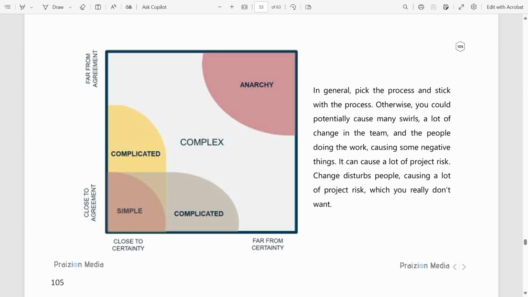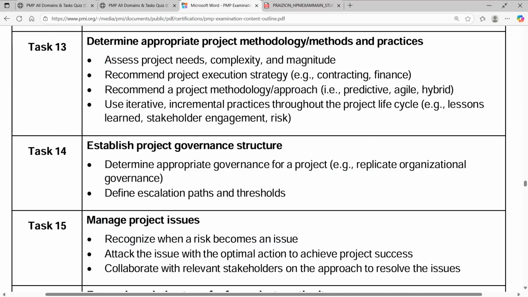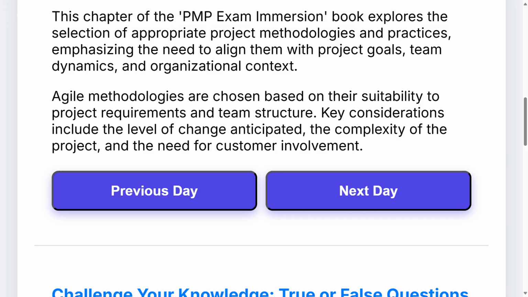So you need to pick the process based on your project and stick with the process. Otherwise, you could potentially cause many swirls, a lot of change in the team, and people doing the work will not be happy. Always get the team into a room and get on the same page with the method to be used, whether it is predictive, whether it is agile or hybrid.